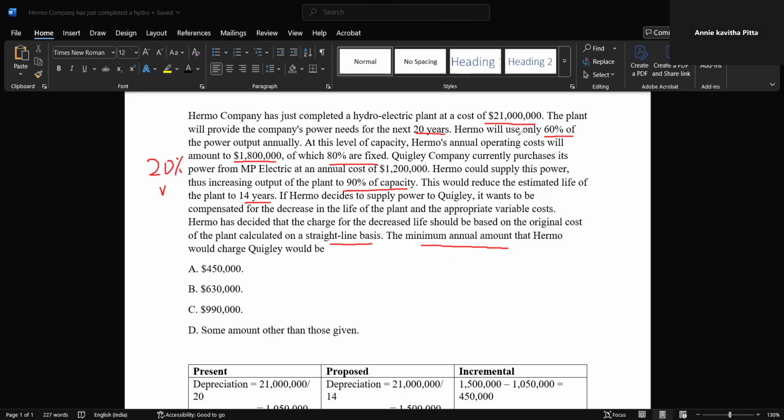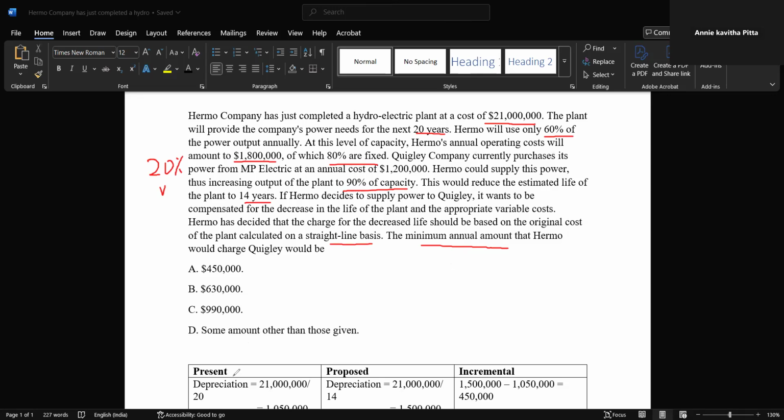One first point we can look into is that there is a change in the life of the plant. At present, the plant can be operated for 20 years, but the change will bring the life to 14 years.